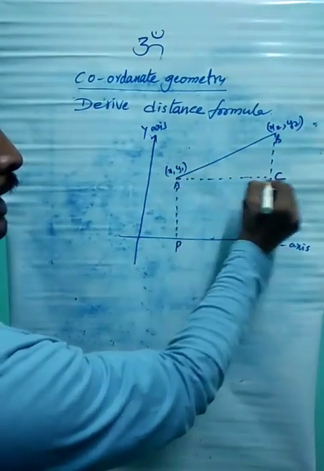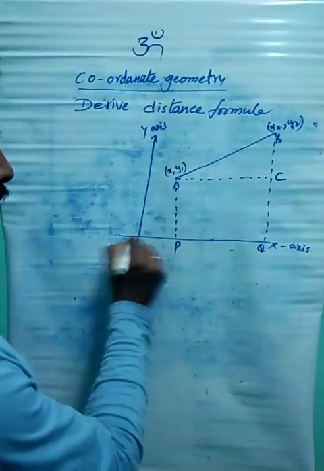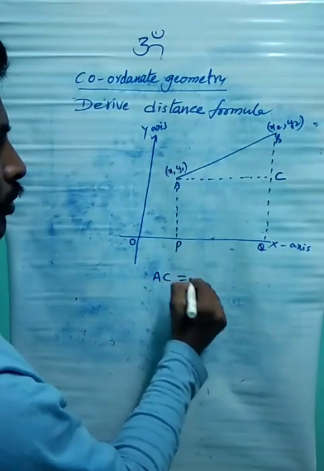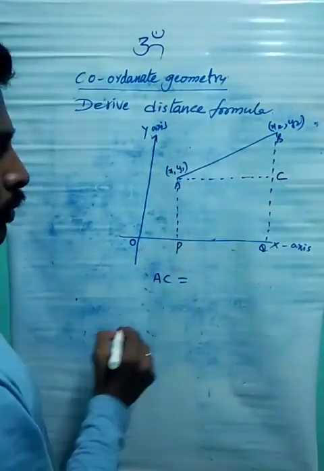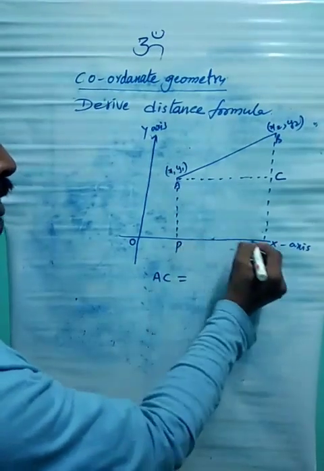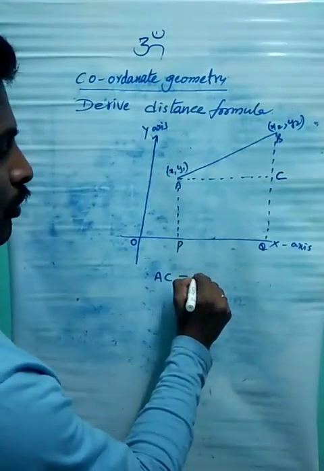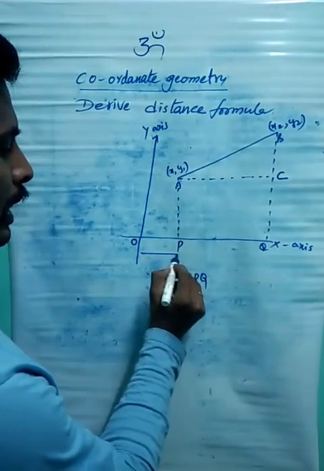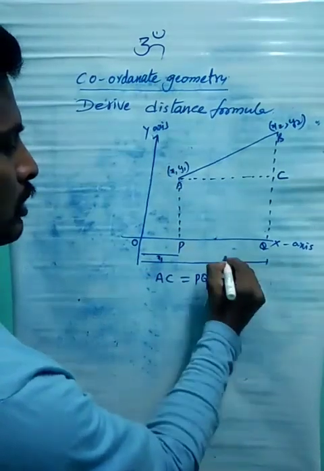We want to know the AC distance. Suppose this is the origin. AC is parallel to PQ, so the AC distance is equal to the PQ distance. How to find PQ? Here to here is x1 and here to here is x2.